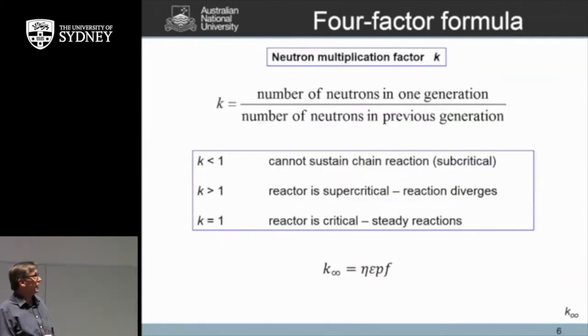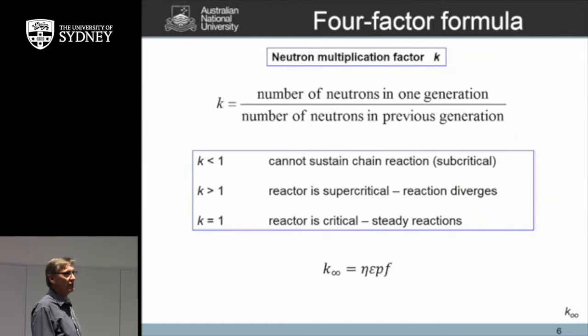So the quantity that is important is this factor called K, the neutron multiplication factor, which is just the number of neutrons in one generation divided by the number of neutrons in the previous generation. So if we have a controlled reaction, you want K to be 1.